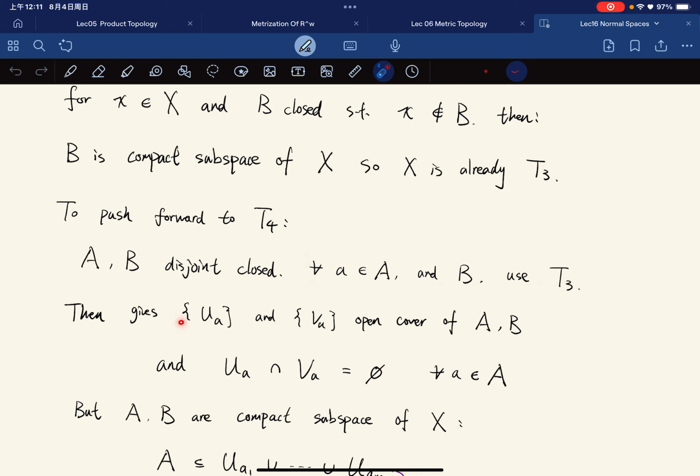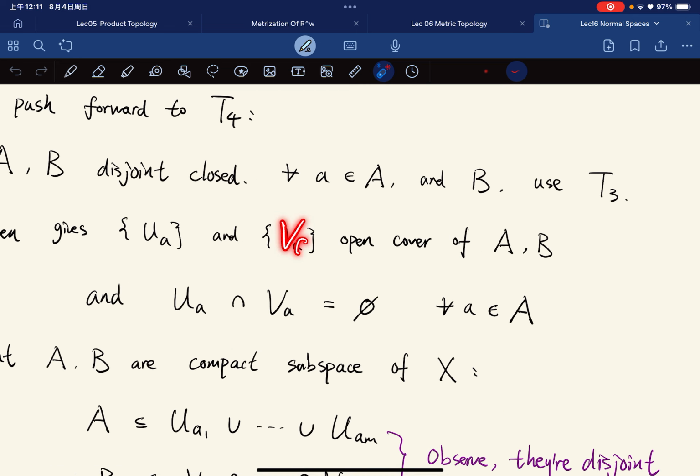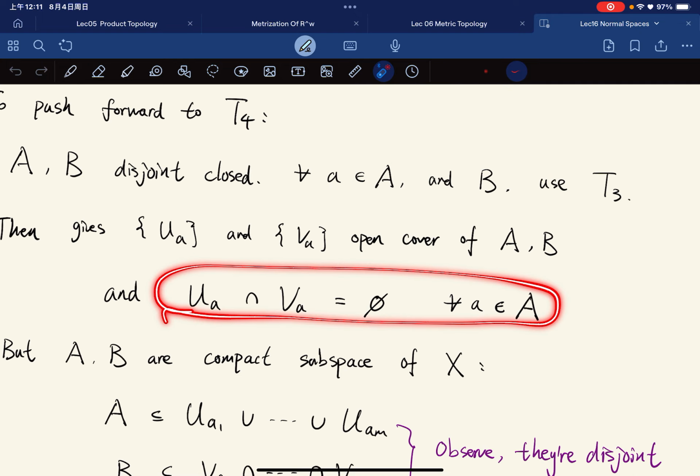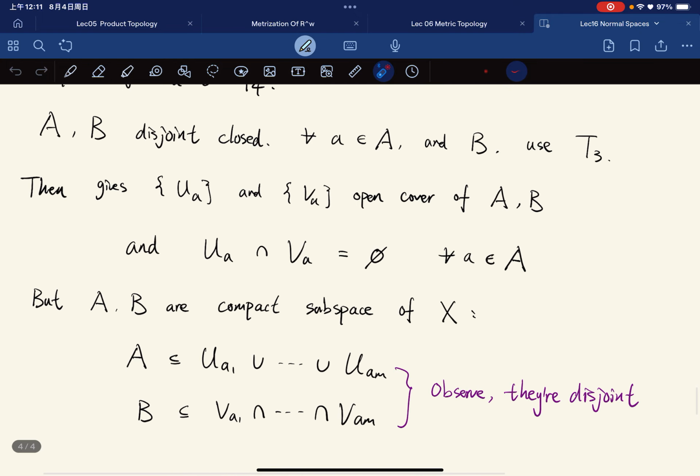And this gives U_a and V_a, an open cover of A, and each V_a contains B, and each a is in its corresponding U_a, and each pair U_a and V_a is disjoint. But remember, A and B are closed. X is compact, so A and B are compact, since a closed subspace of a compact space is compact.